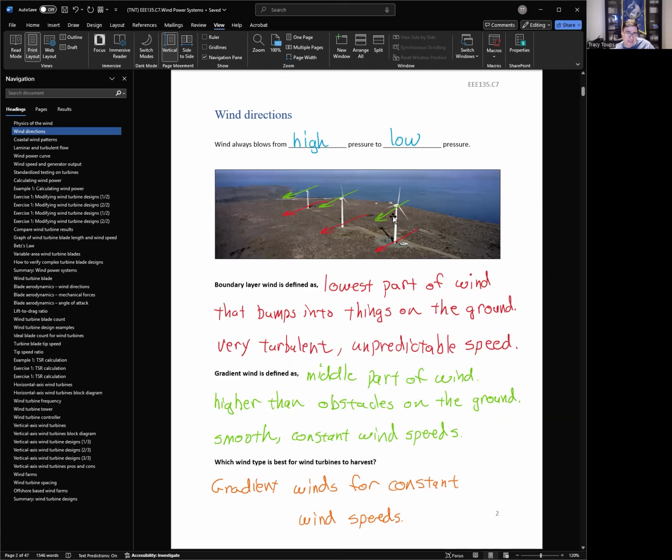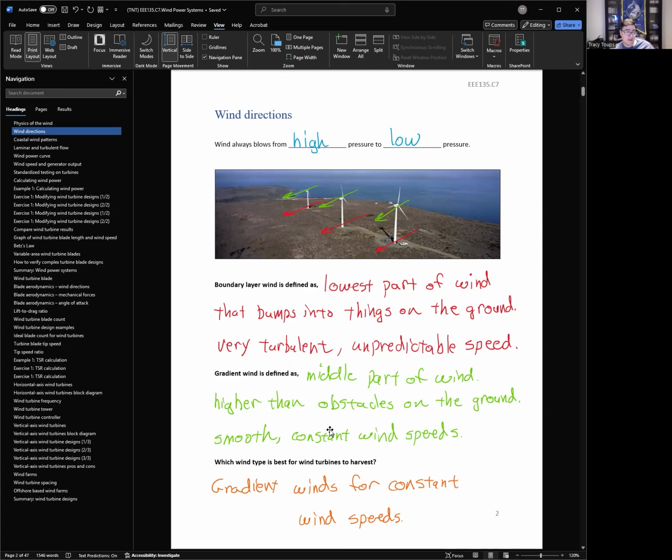Even the wind turbine's tower itself is splitting the air around it, and that's where you get your turbulence. The higher up you go to where the actual blades are, probably like 50 meters or 150 to 160 feet high, that's like 10 stories. That's probably your gradient wind, where it's nice and smooth because there's nothing obstructing it.